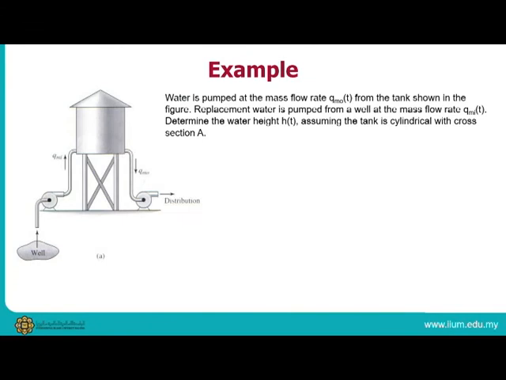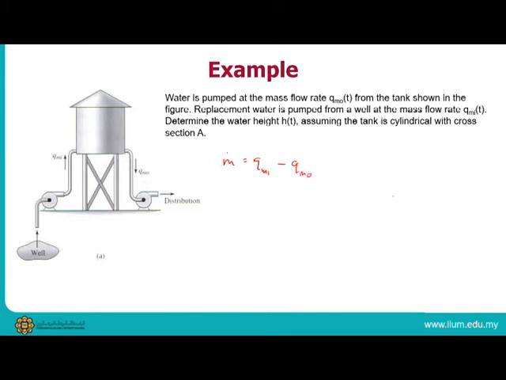Okay, let's look at an example. In this example, you have QMO, which is the outflow of the mass, and QMI, which is the inflow of the mass, and you need to determine the height, which is H(t). First of all, you have the formula where m dot is equal to QMI minus QMO.